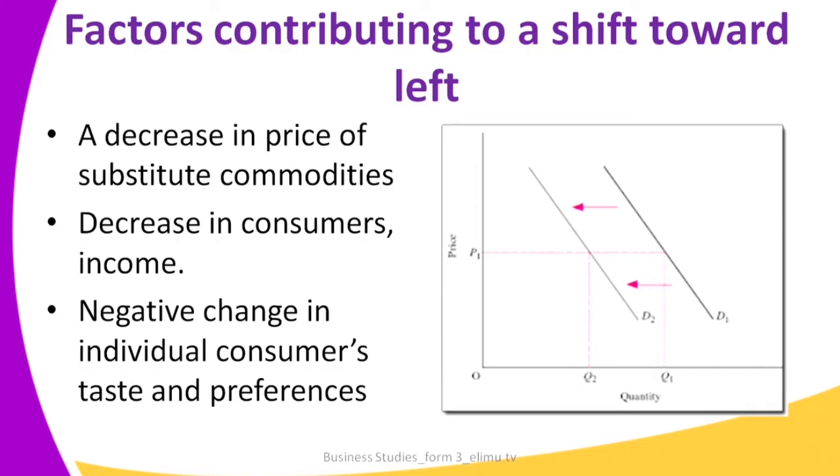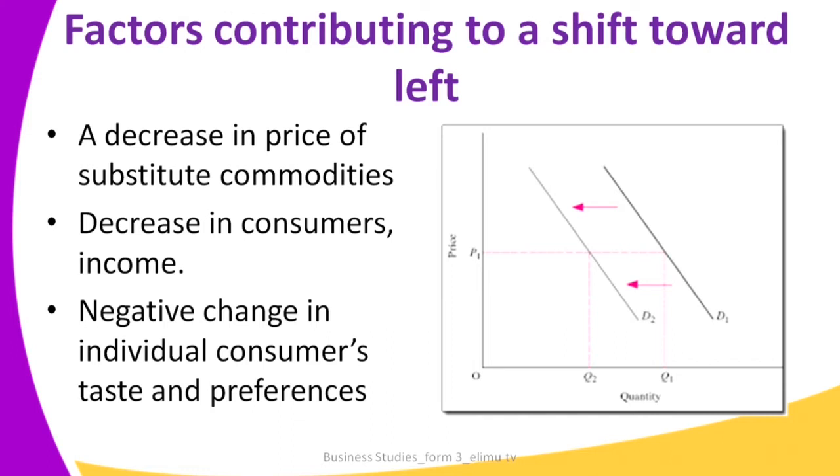The other factor that would contribute to a decrease in demand, or what we are saying, a shift of the demand curve towards the left, is the negative change in individuals' tastes and preferences. And this is whereby maybe the taste of the product is not favorable to the consumer.